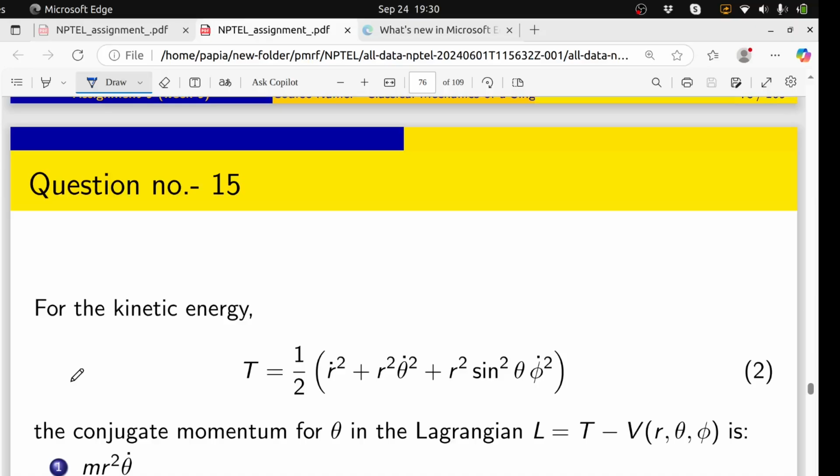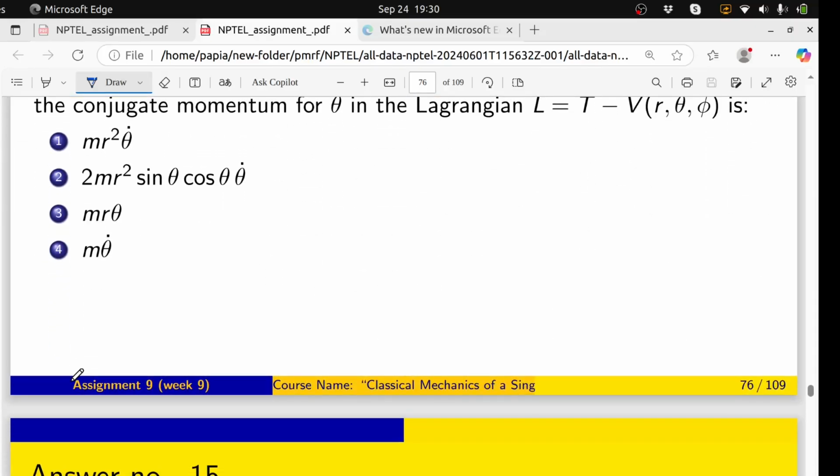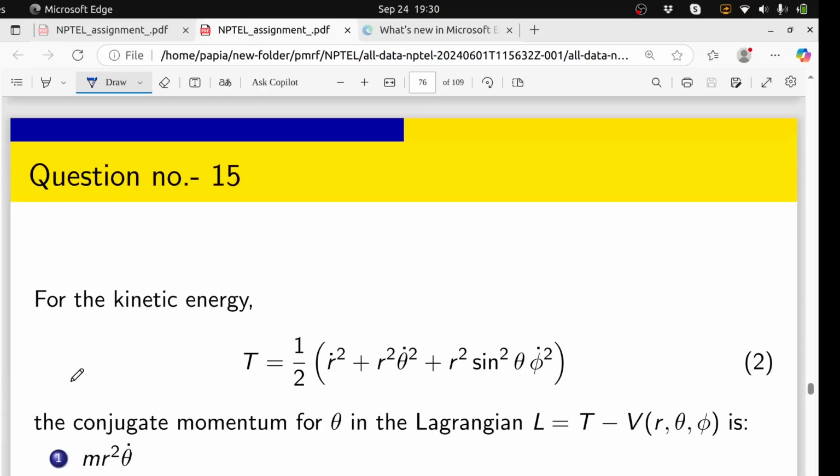For the kinetic energy T equals half m times (r dot squared plus r squared theta dot squared plus r squared sin squared theta phi dot squared), the conjugate momentum for theta in the Lagrangian L equals T minus V(r, theta, phi) is the momentum for theta.